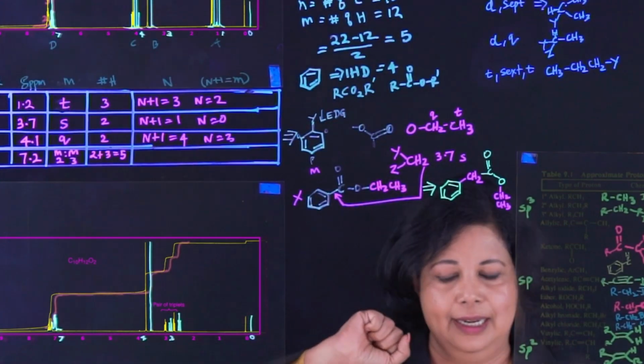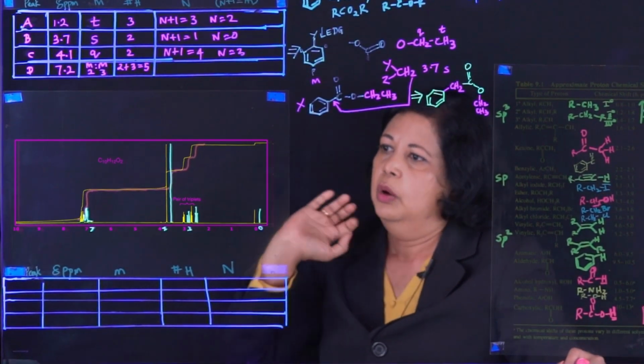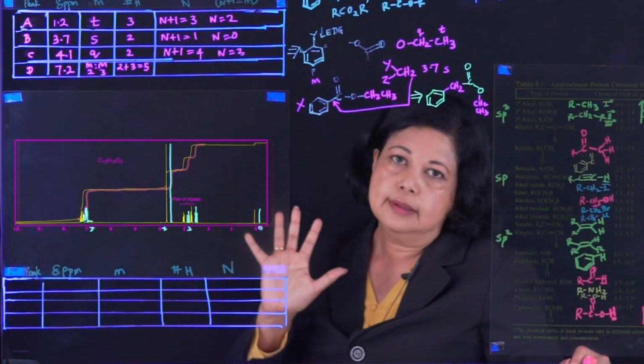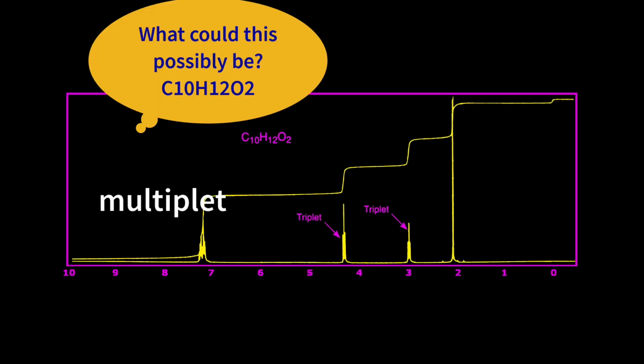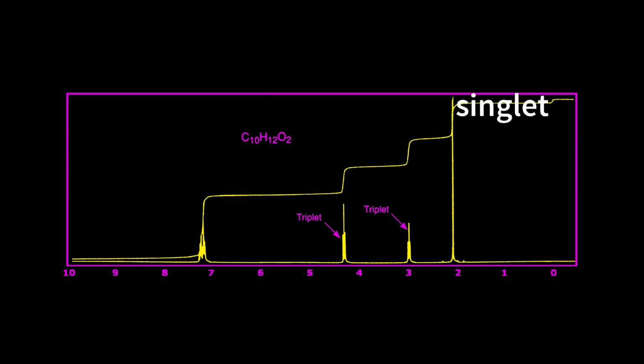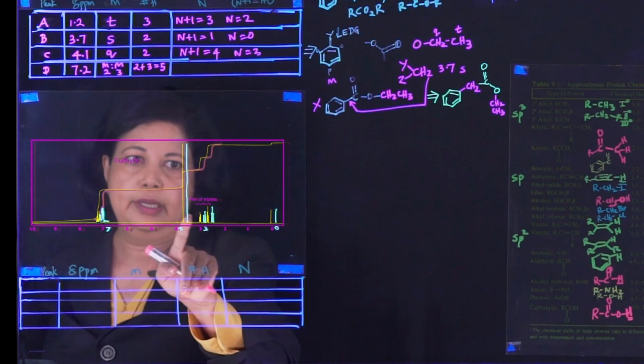All right, let's keep going, guys, and see what could be a possible isomeric structure for this one. Let's tabulate the data here.